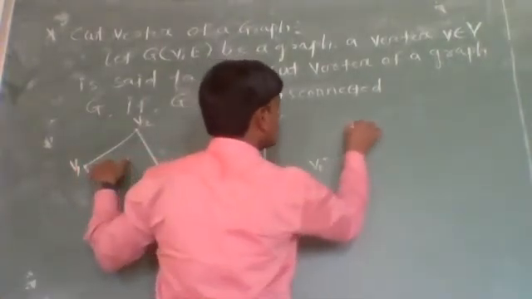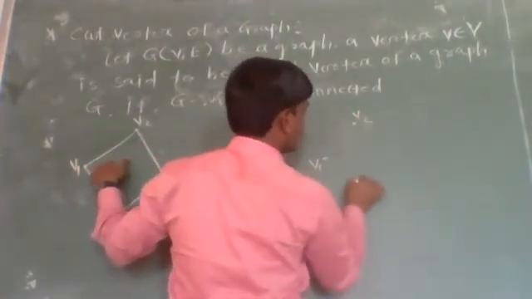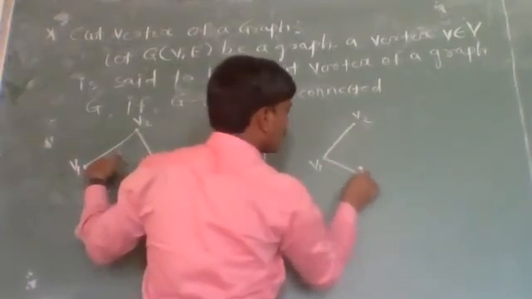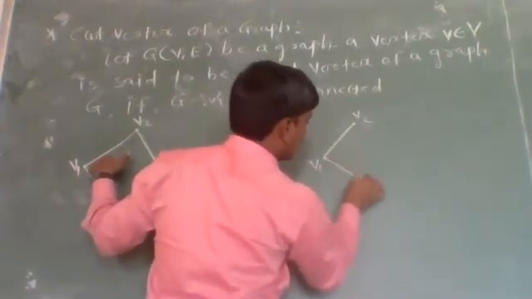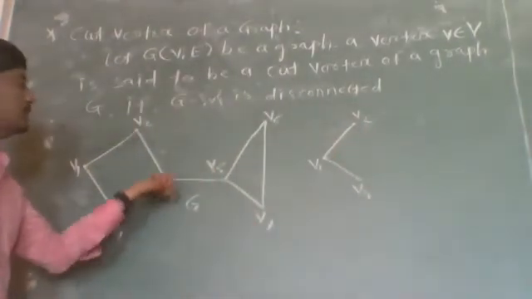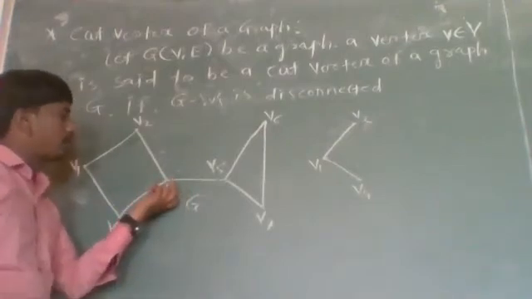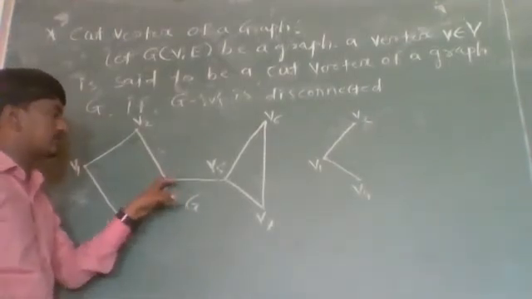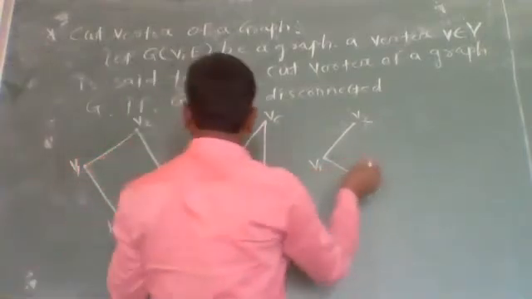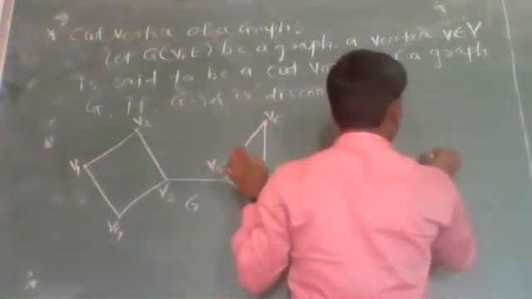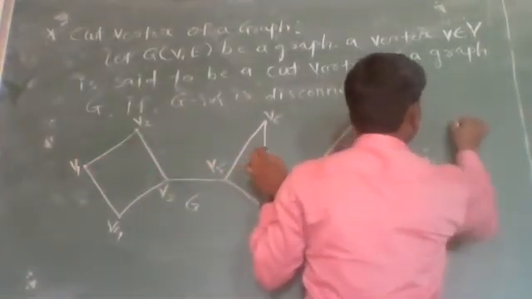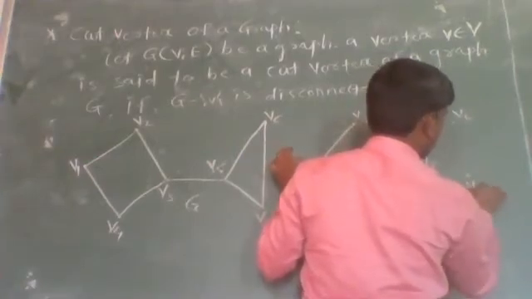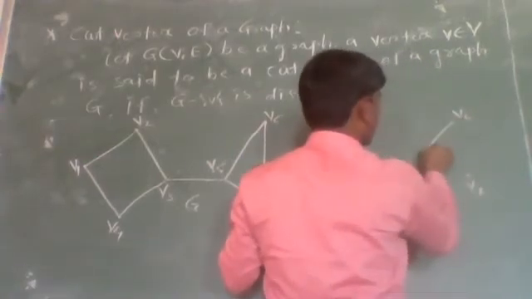Here is V1. Now we have to remove vertex V3 from graph G. If we remove vertex V3, then we have to remove all the edges which are incident on that particular vertex V3, which are to V5, V6 and V7.